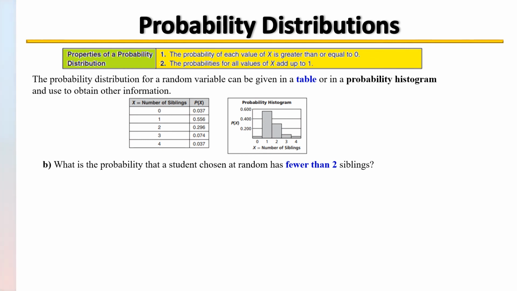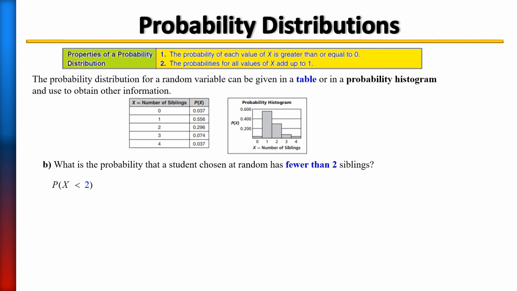Okay, so using that same example, let's see if we can answer the question of what is the probability that a student chosen at random has fewer than 2 siblings? The terminology of fewer than 2 siblings would be an inequality statement, meaning you can have less than 2, but it doesn't include 2. So you want to know the probability that x is less than 2.